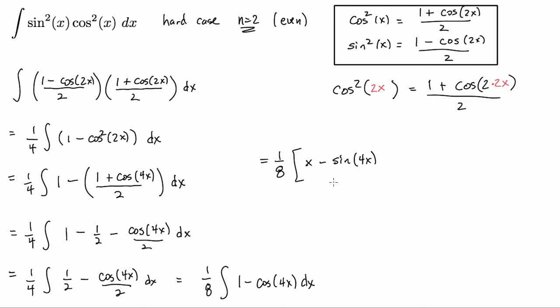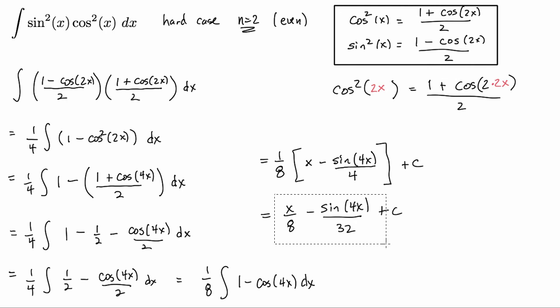And then the question is, what do we do with the 4? Well, remember, if you were taking the derivative, you would multiply by 4. So instead of multiplying by 4, we are going to divide by 4. And so the last step is to distribute the 1/8. And so we are done. So all in all, not a bad problem.